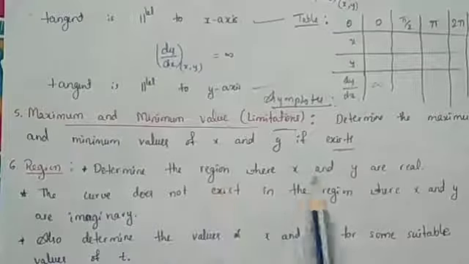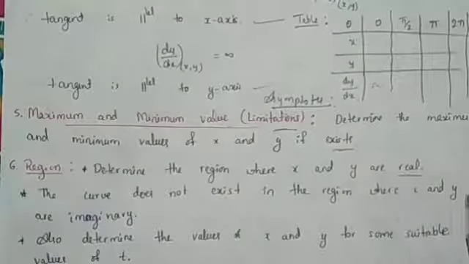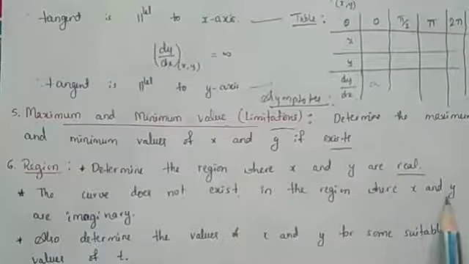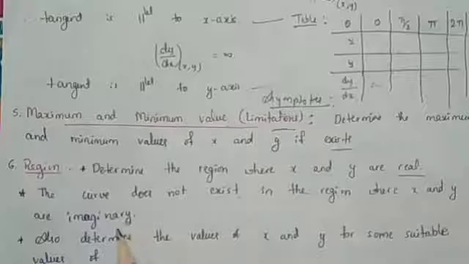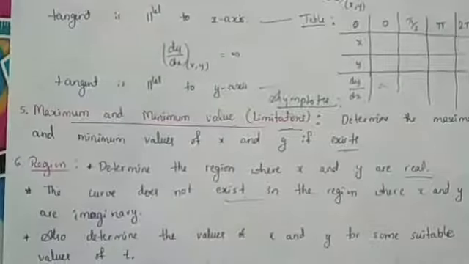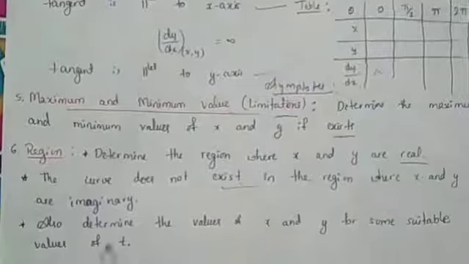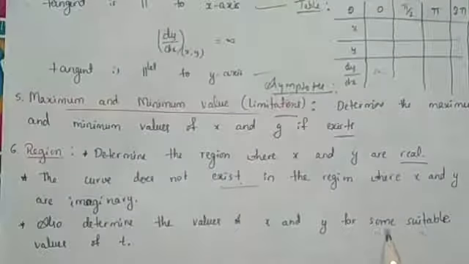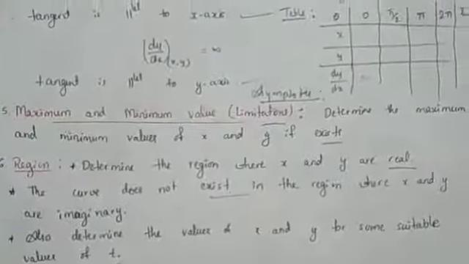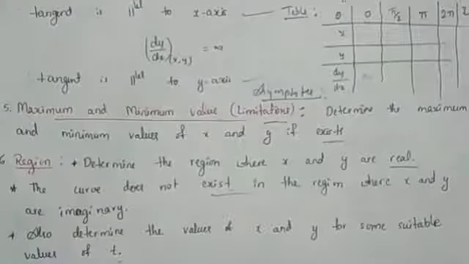Determine the region where x and y are real. The curve does not exist in the region where x and y are imaginary. Okay. Also determine the value of x and y for some suitable value of t. This is the working procedure of tracing the parametric curves.